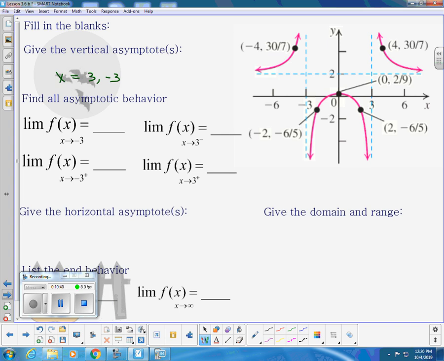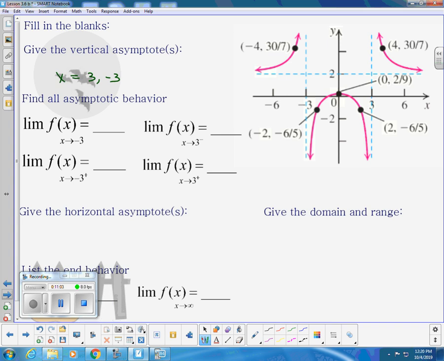So imagine a spaceship, if you will, flying towards the asymptote. It's either going to shoot up or shoot down, right? Only choice, you cannot go through. Like Star Wars. So when you are talking about the behavior towards an asymptote, you're saying, is the spaceship going up or is he going down?